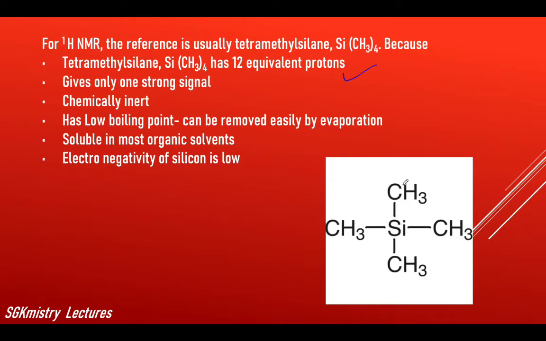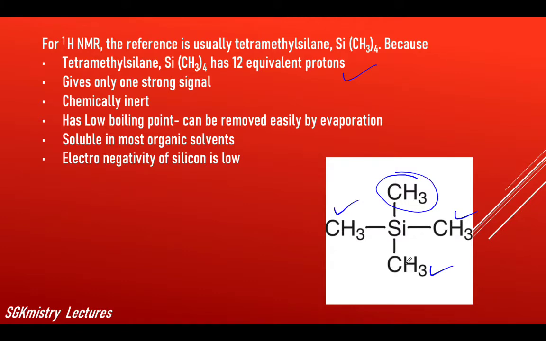In my previous video I have explained how you calculate and identify the number of equivalent protons in a given molecule. Here you can see all these protons are CH3, that is methyl protons, and all are connected to the same silicon atom. So all these protons are equivalent to each other.